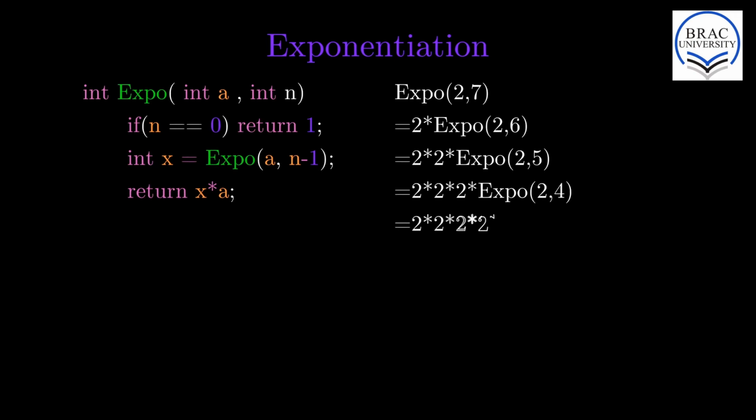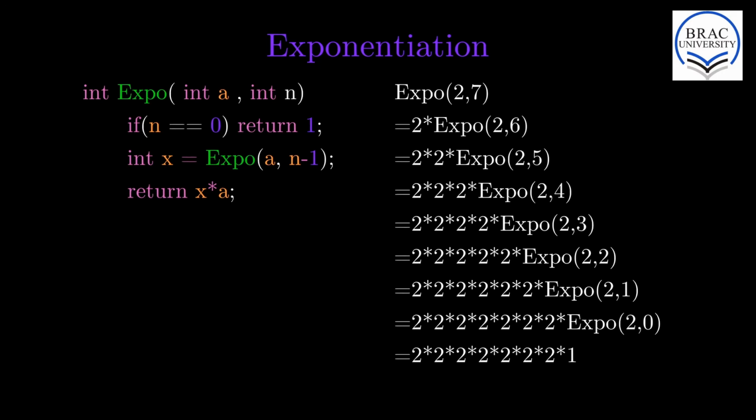So to calculate a to the power 7, look at the number of steps we need here. We needed 1, 2, 3, 4, 5, 6, 7. So to calculate a to the power 7, we needed 7 recursive calls.